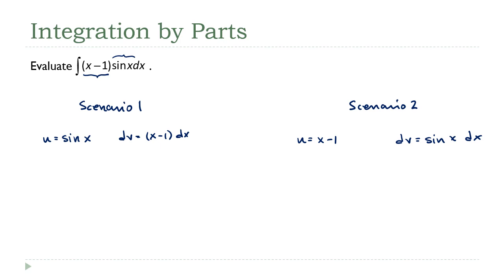All right, so over here in scenario 1, du will be the cosine of x dx, and to get from dv to v, I'm going to integrate both sides, and we'll get v is equal to x squared over 2 minus x.